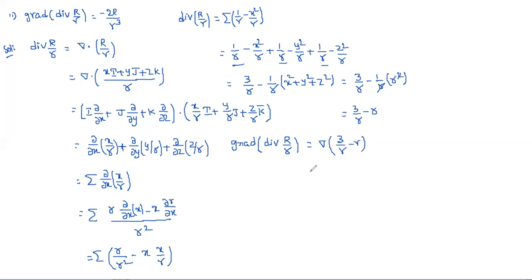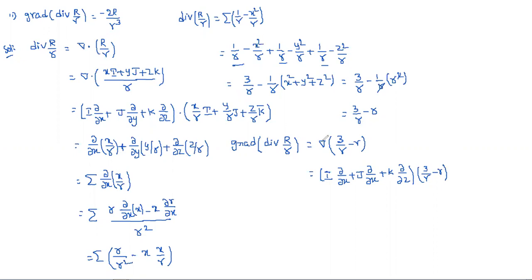So del is nothing but what we know: i ∂/∂x plus j ∂/∂y plus k ∂/∂z, into 3 by r minus r.